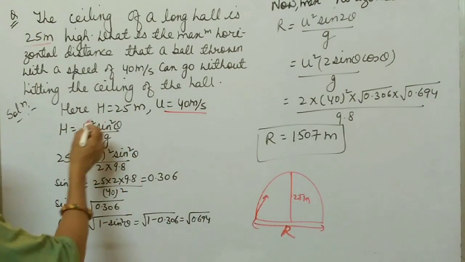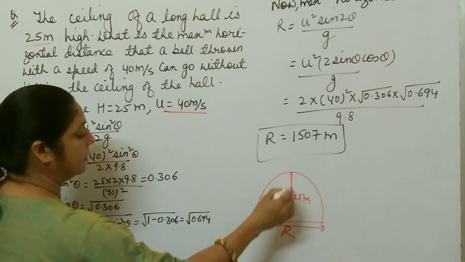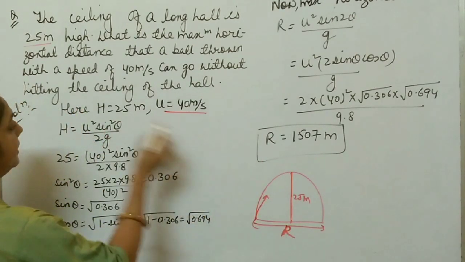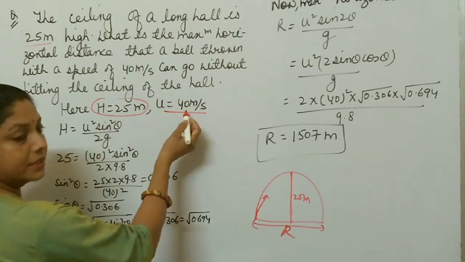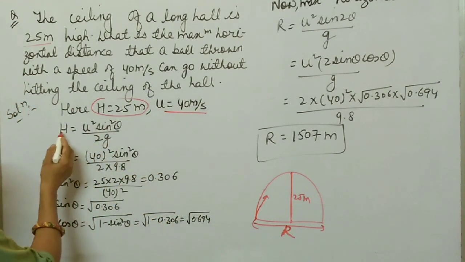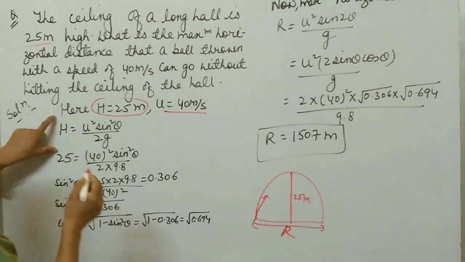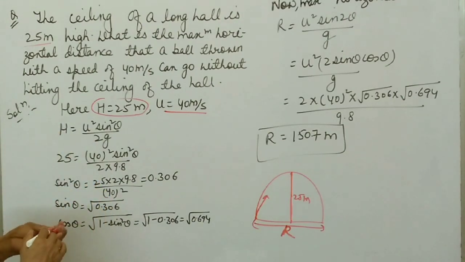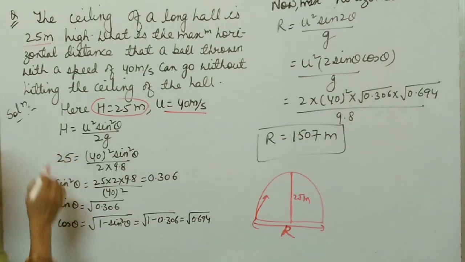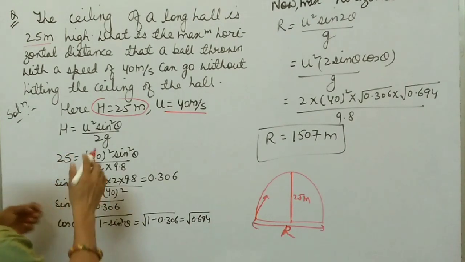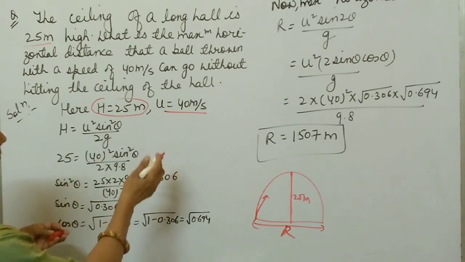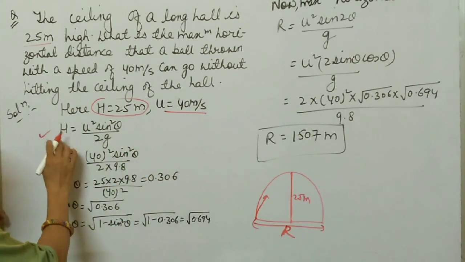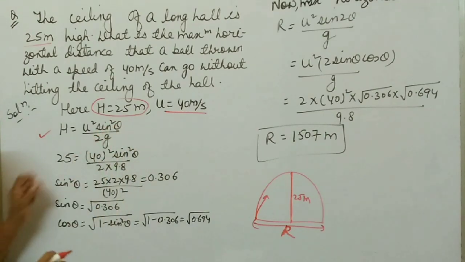And what is given here? Here the maximum vertical height H is given, H equal to 25 meter, and U is given as 40 meter per second. Now using the formula H equal to U square sin square theta by 2g.